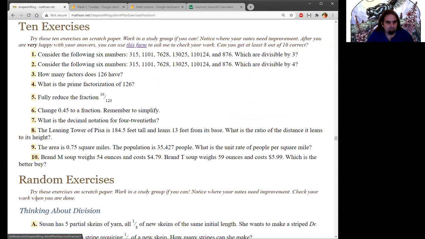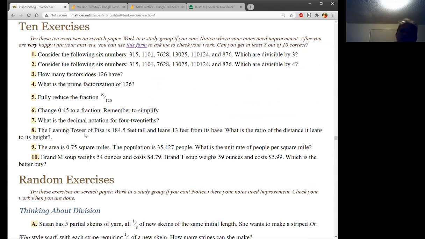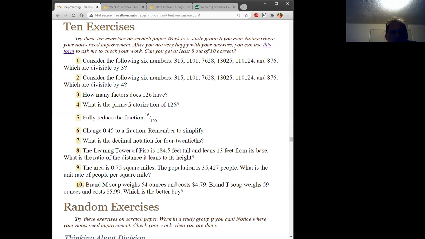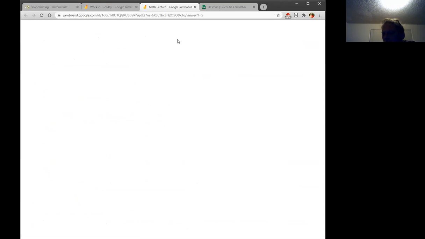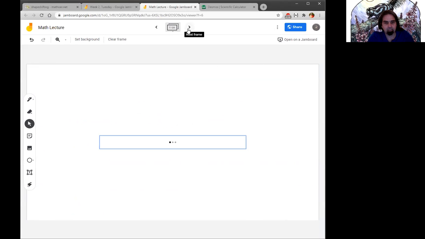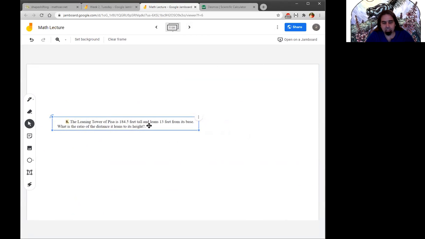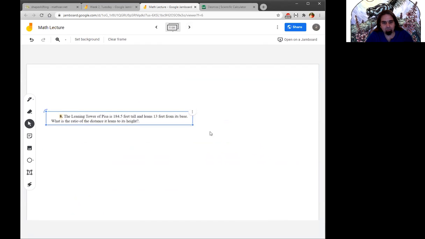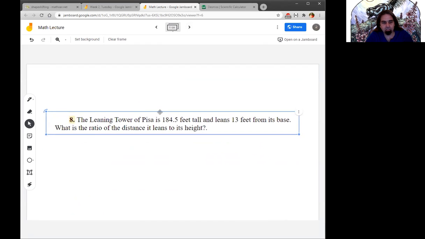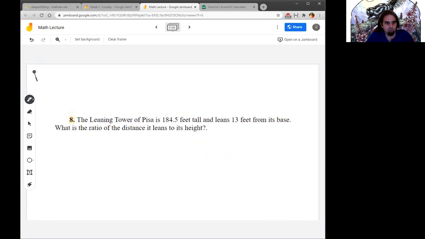No, it's the leaning tower. Yeah, this one. Okay. I'll label this afterwards, but you should put fraction format 10 exercises.